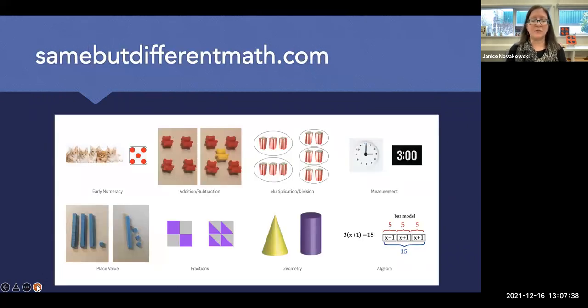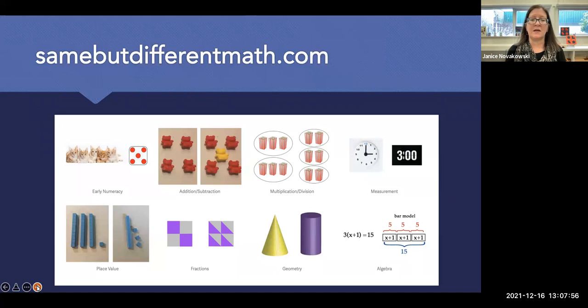As with many of these routines, educators have generated resources for their fellow educators on websites. And so one website that you might want to look at is called samebutdifferentmath.com. And this is just a screenshot of the table of contents of that website.